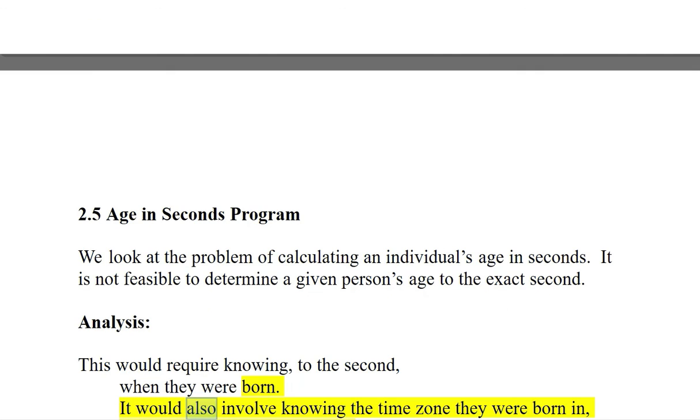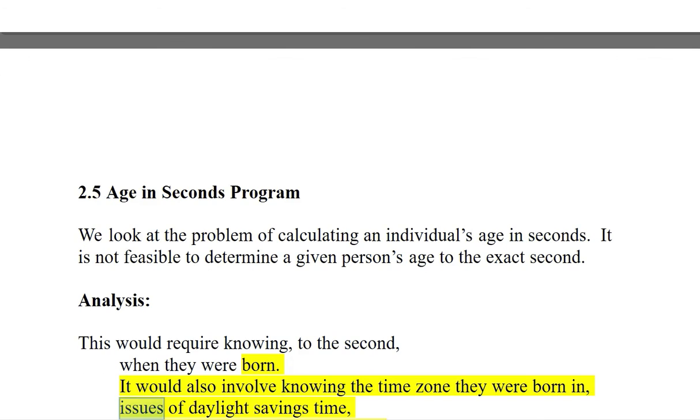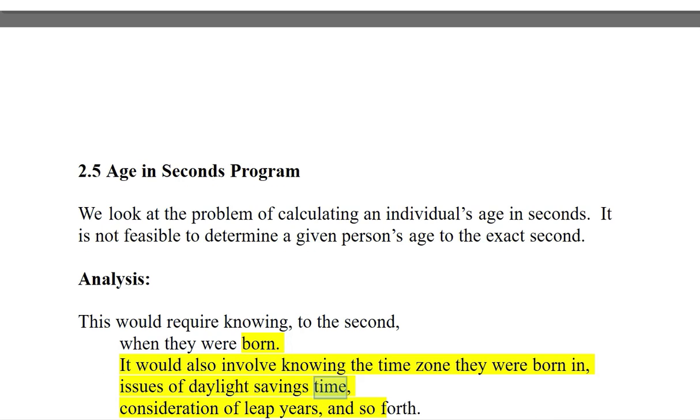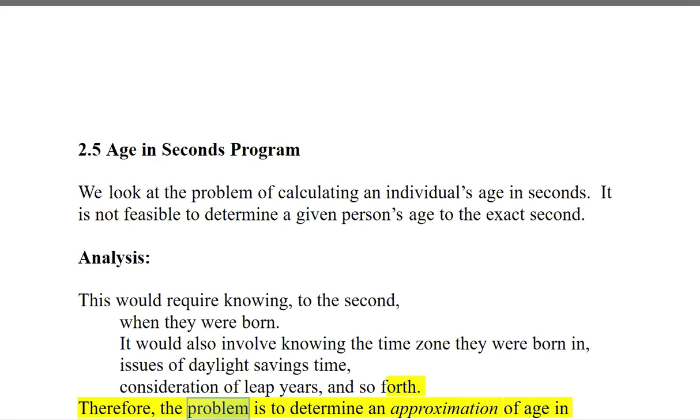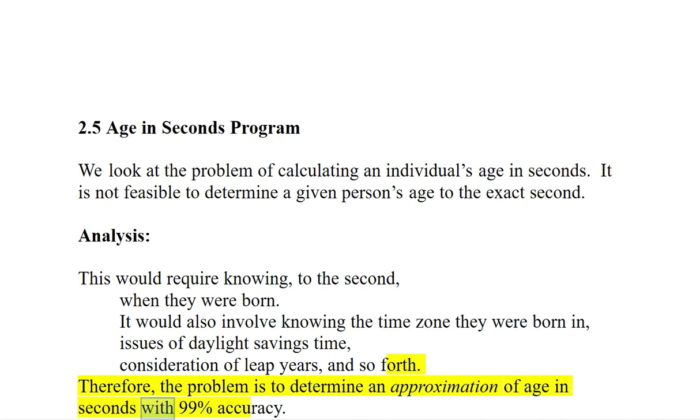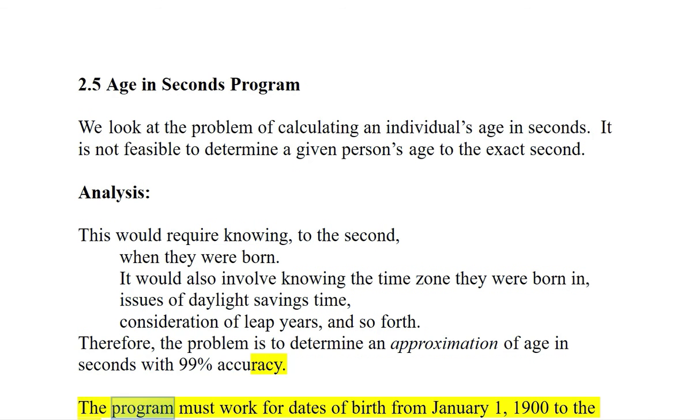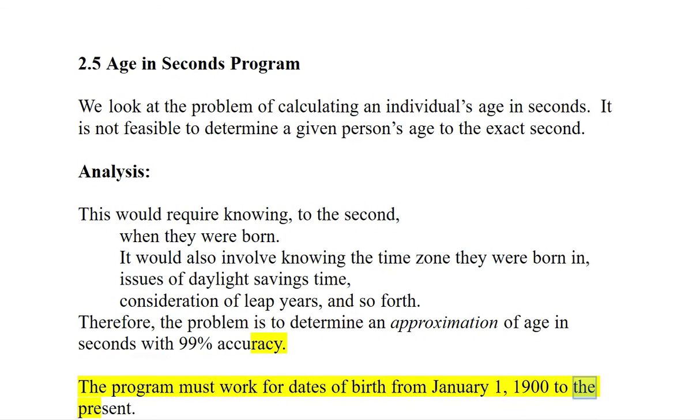It would also involve knowing the time zone they were born in, issues of daylight savings time, consideration of leap years, and so forth. Therefore, the problem is to determine an approximation of age in seconds with 99% accuracy. The program must work for dates of birth from January 1, 1900 to the present.